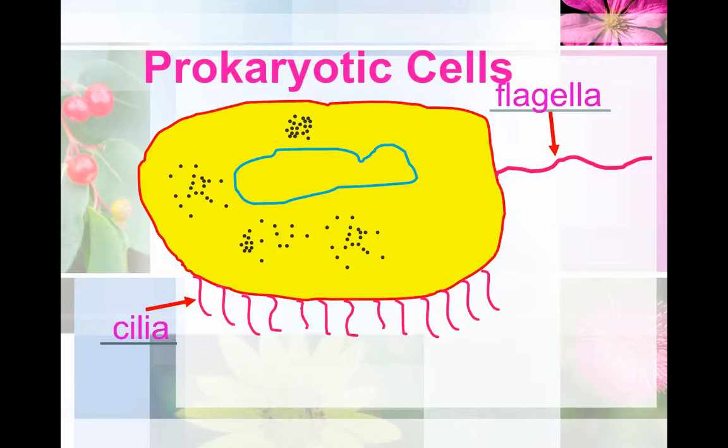And you'll learn when we find out about evolution that these very primitive cells were around for millions of years and led to life as we know it today. So they're our friends in a way, and relatives.